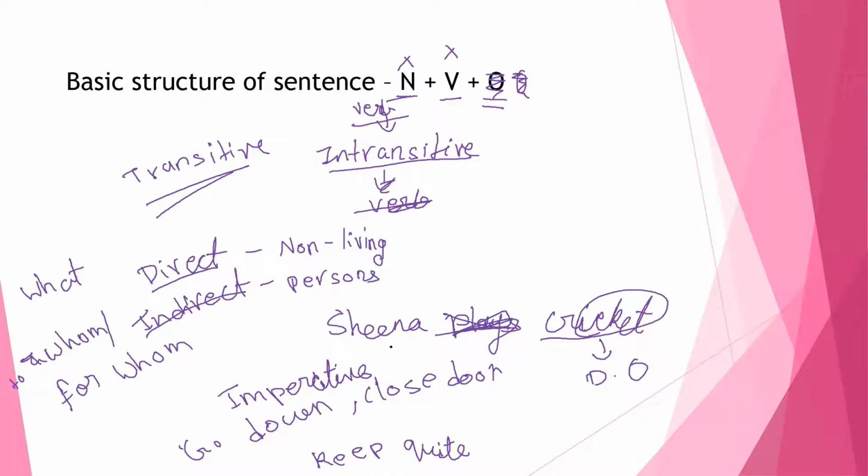If I cut plays, it will make "Sheena cricket." What does it mean? I don't know. So there can be no sentence without a verb. But I can replace this verb with another, like "Sheena watches cricket."